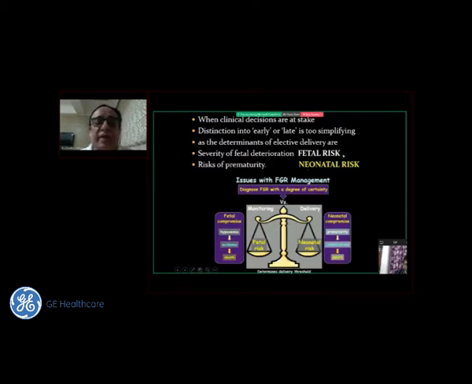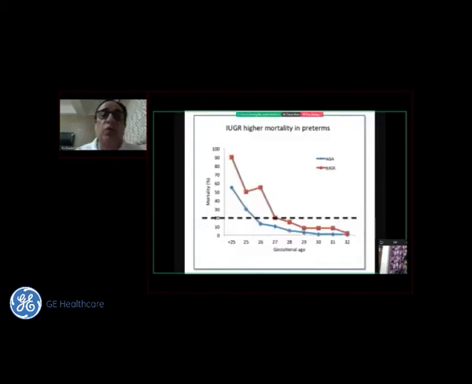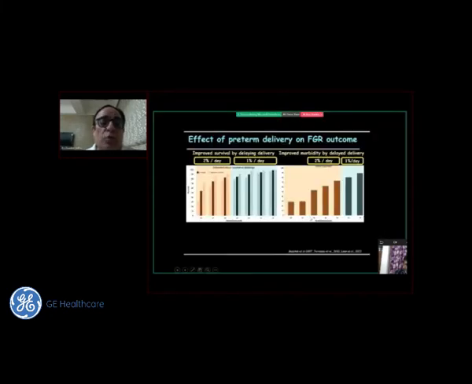You have to balance the fetal risk of how much time the fetus can stay inside and not die inside, vis-a-vis a neonatal risk, where we shouldn't be delivering a very premature fetus which has risk of respiratory distress, necrotizing enterocolitis, etc. This can be seen from this graph: if you have an IUGR fetus, the mortality is very high, as shown in red, in preterm fetuses compared to an averagely gestational aged fetus. So it's very important that we deliver at the appropriate time.